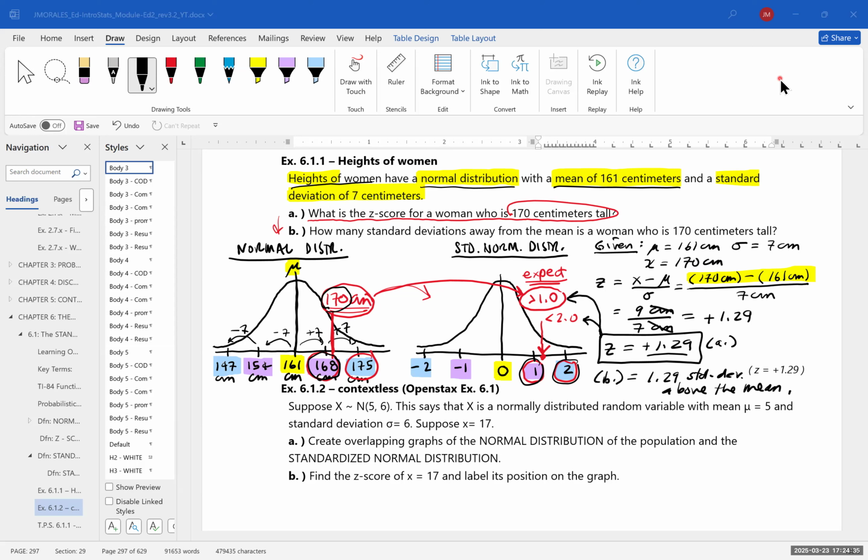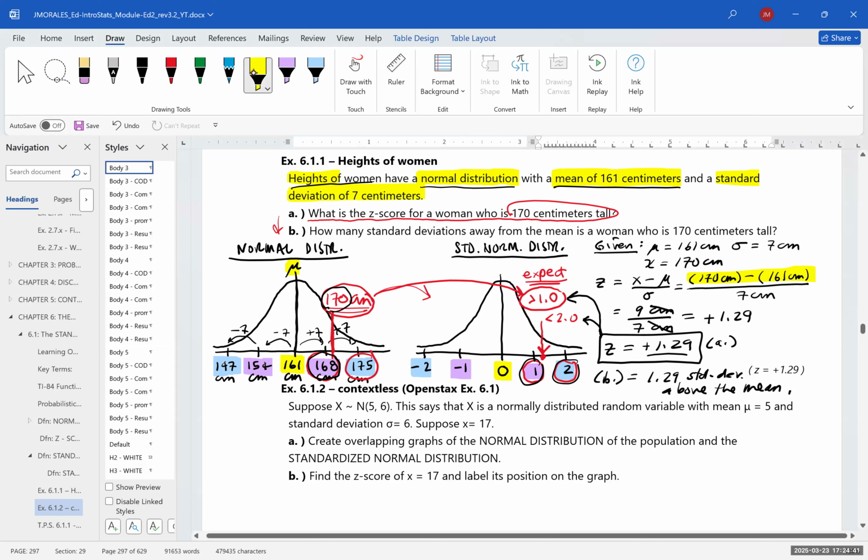All right, next we're going to look at another example. And this example is contextless, meaning we're not talking about really anything applied. This is just strictly numbers here. But we're going to use this notation for a normal distribution of a random variable.